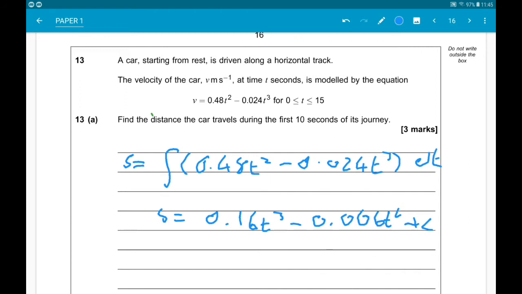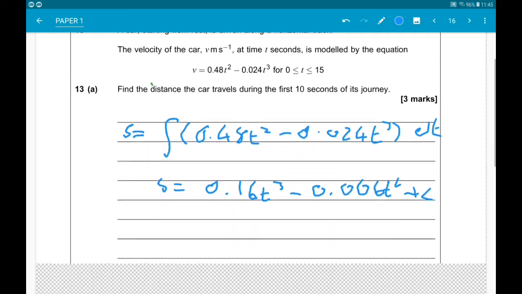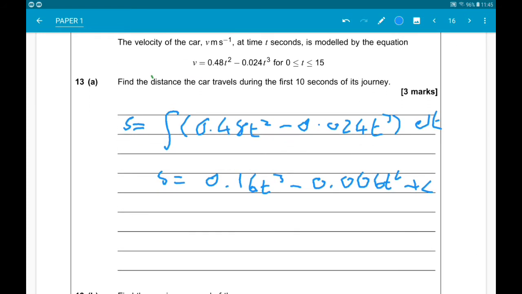So, before we sub in t is equal to 10, we need to find the value of c. So we were told the car starts from rest. So that means when t is 0, we know that displacement is also 0, as was its velocity.